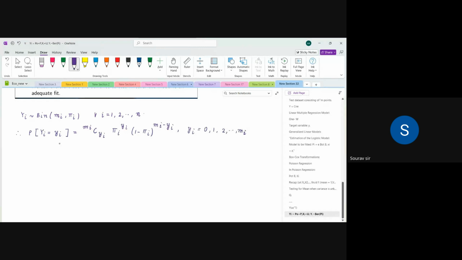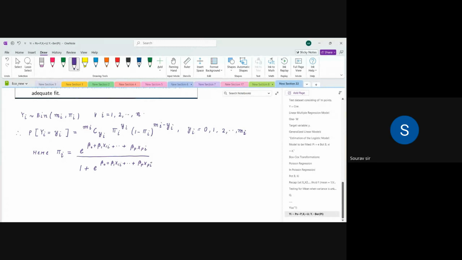Okay, and here your pi i is basically e raised to the power beta naught plus beta 1 x1i all the way up till beta p xpi, divided by 1 plus e to the power beta naught plus beta 1 x1i plus all the way up till beta p xpi, है ना?